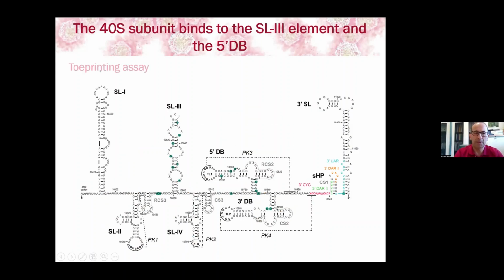Finally, we did a toeprinting assay, which is the classical assay in which, after binding the ribosome, using specific primers we do a primer extension and determine the points at which the reverse transcriptase stops, which means it hit the ribosome, so it gives information on the binding sites. And once again, as you can see, we determined that the SL3 and the 5' DB seem to be potential binding sites of the ribosome.